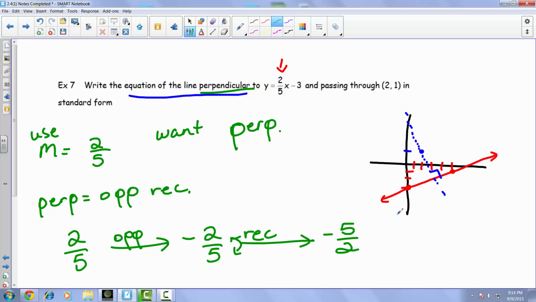So this is in fact the slope that we're going to use. This is the m we're going to use. Even from our diagram, we can see that it is in fact going down at about a rate of -5/2, so down 5/2.